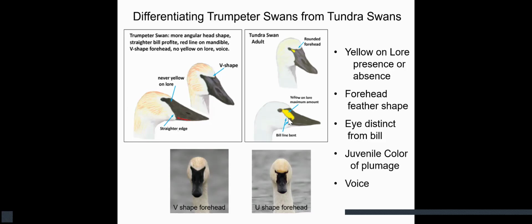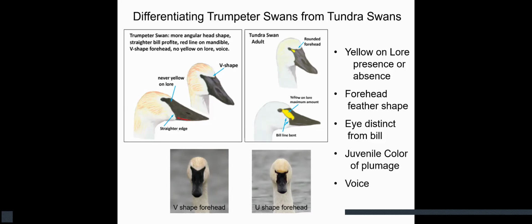The back line of that bill is kind of a curve, and then it makes a straight edge coming down, so the bill line is bent. It also has a concave shape to the top of the bill and a much rounder head versus the angular shape of the trumpeter.